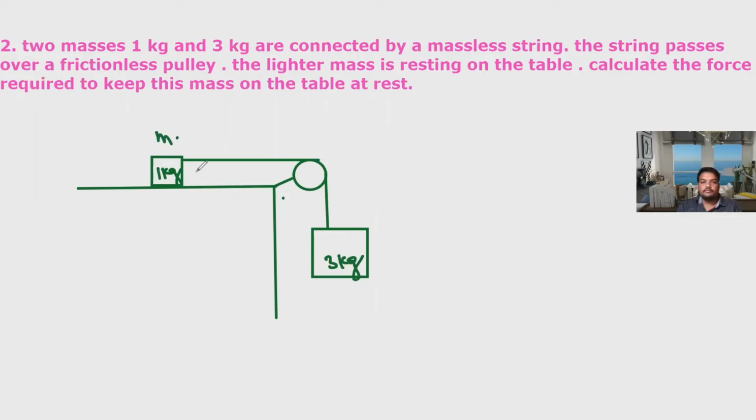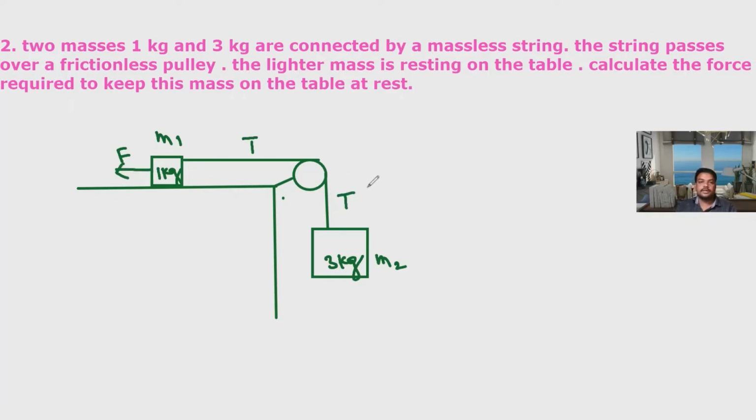Let it be M1 and it is M2. The force required on the lighter mass to keep it at rest. Let T be the tension of the string.